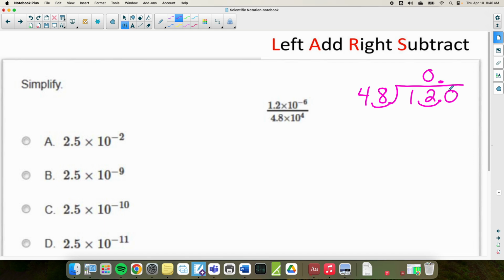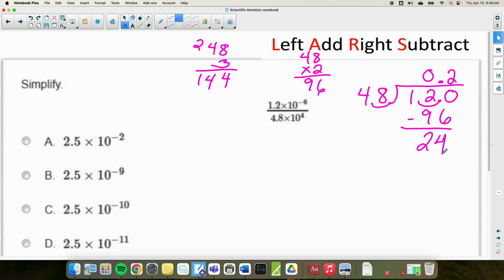So if you tried 48 times 3, that would be 144, so that's too much. And you guys might know 48 times 2 is 96, so we can do twice, okay? So 2 times 48 is 96. I subtract that. 120 minus 96 is 24, okay? Does 48 go into 24?